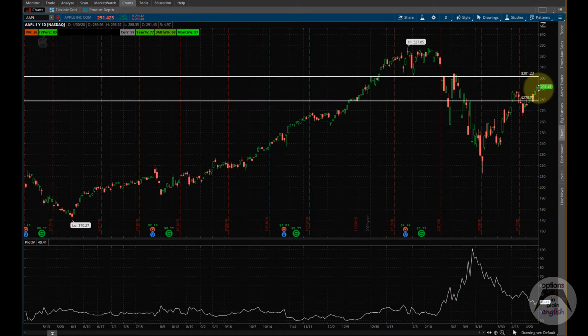So if by tomorrow, because the earnings report is tonight, the price stays within this range, then I'm going to be making money. If it goes higher or lower, I'm going to be losing money, but I'm protected by the fact that I have wings on the call side and on the put side.